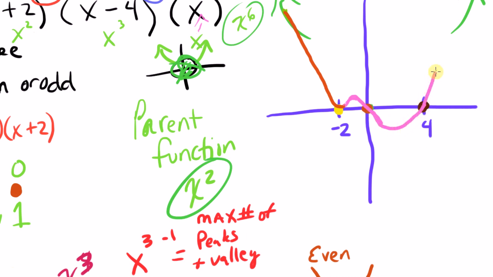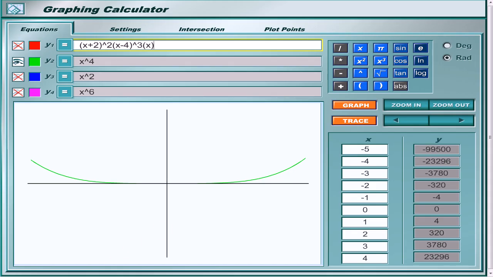Alright, so what I've done here is I've thrown this into this graphing calculator, and it's going to be the red one. And we'll click graph. Let me show that one.